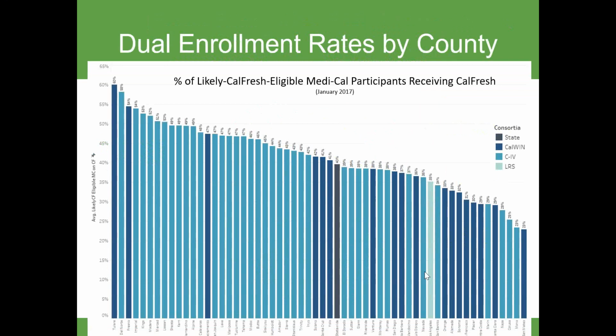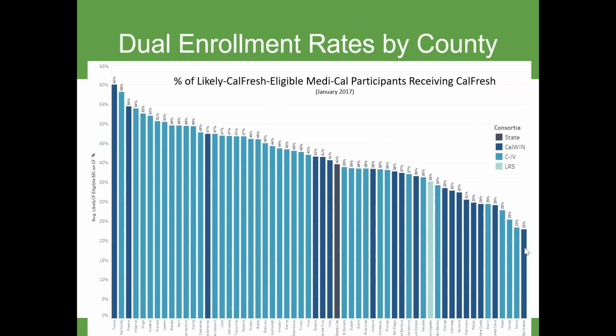But when we look by county, this is a lineup by county, and I know the county names are small, but that's sort of by design. It doesn't really matter for the purposes of this slide who's who. We can see that the county with the highest dual enrollment rate has 60% of all likely CalFresh eligible MediCal individuals actually enrolled in CalFresh, as opposed to the lowest dual enrollment rate, which is 23%.